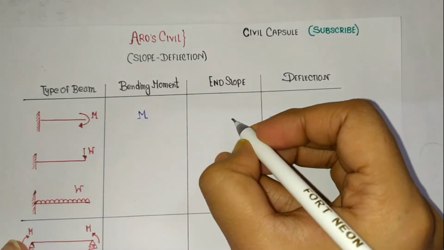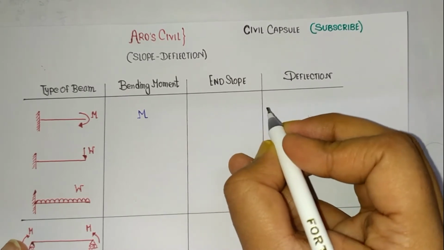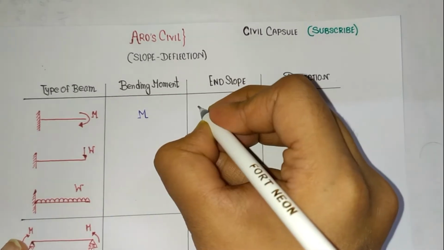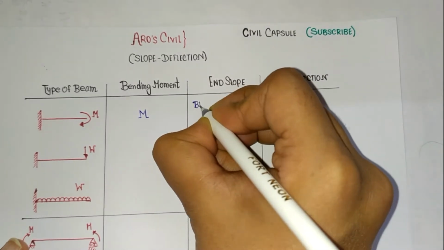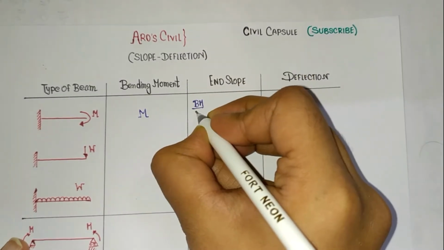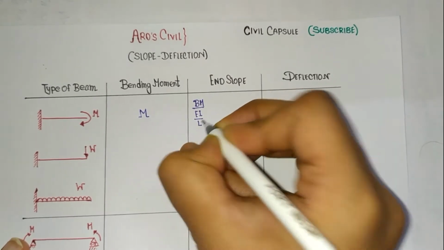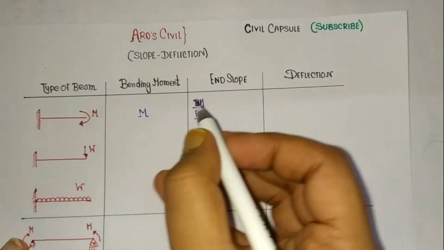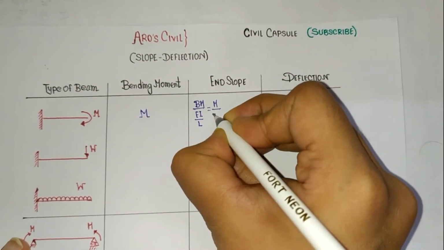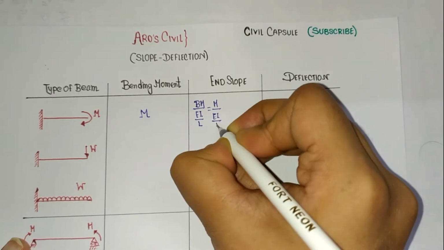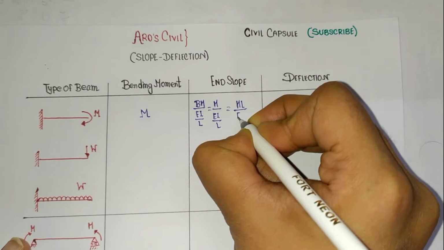Now what is the end slope value? For the end slope value I have a short trick for you. At first you write down the bending moment value, then in the denominator you write down EI by L. In this case the bending moment value is M. If you write down EI by L, it comes as M L by EI.